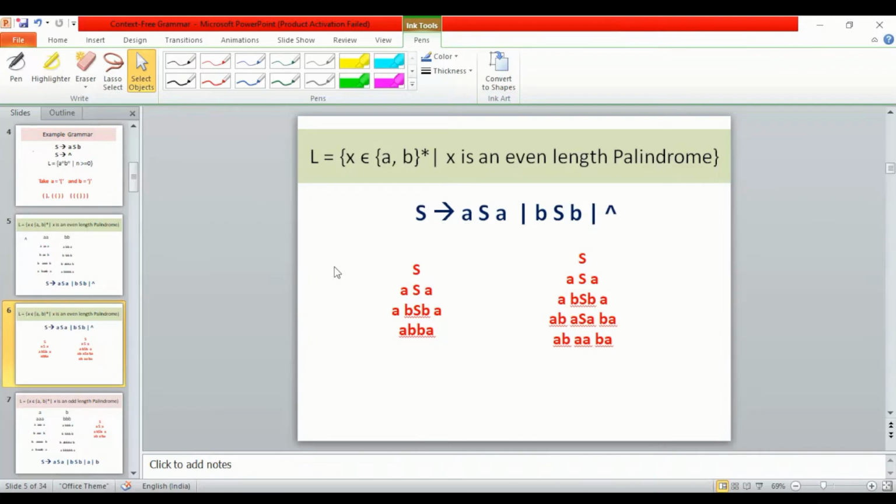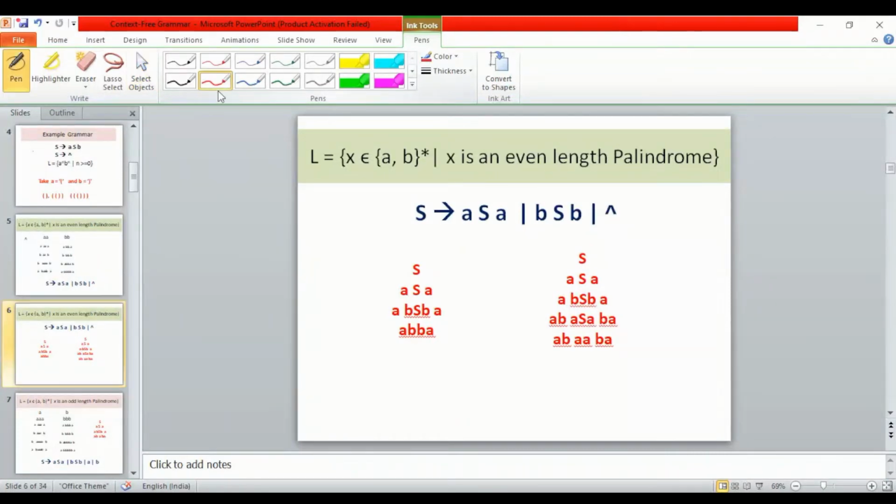Okay, now if I want to generate odd length palindrome, this doesn't generate odd length palindrome. So to generate odd length palindrome, can you suggest some modification which we can do? What changes we have to do if I want to generate odd length palindrome? And I hope you know what is an odd length palindrome.